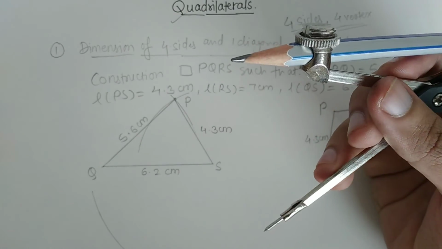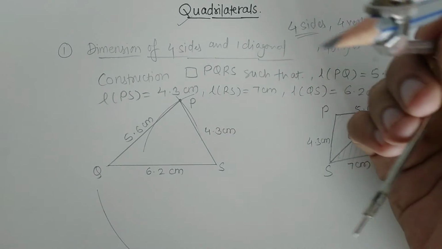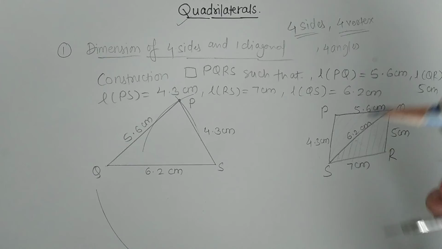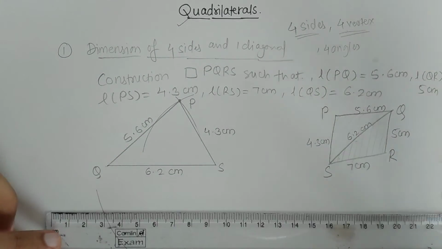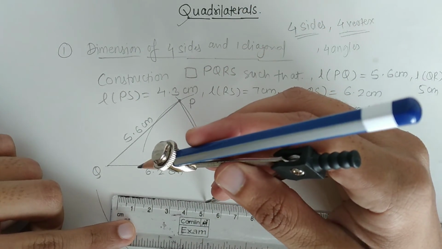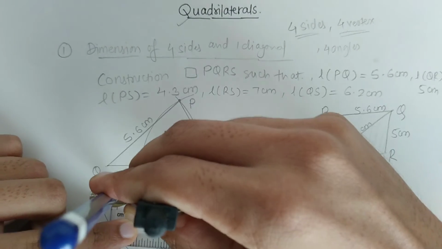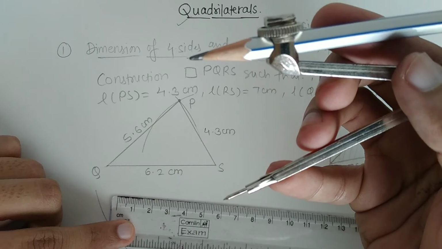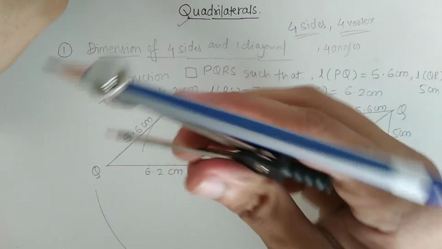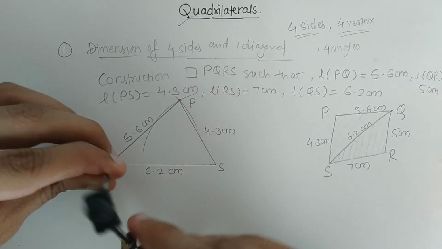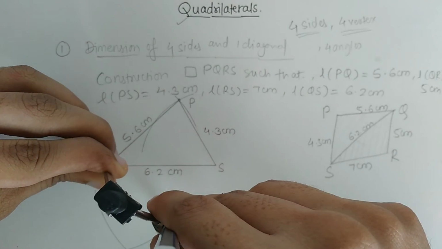You can draw a bigger arc or a smaller arc, just draw an arc which is sufficient. Then I will take the dimension of QR, that is 5 centimeter. So this is the dimension of QR, 5 centimeter. I will point the pointer on point Q and construct an arc.